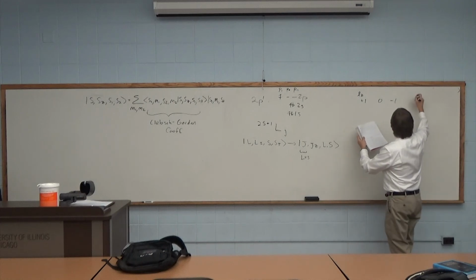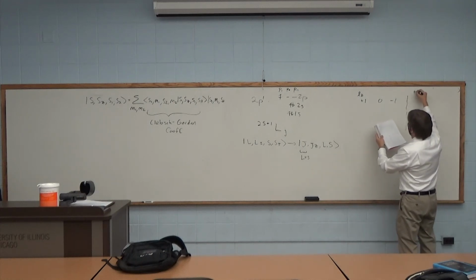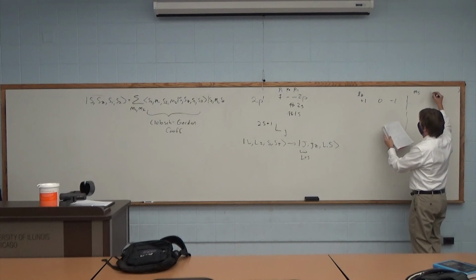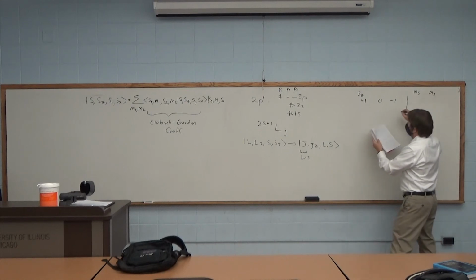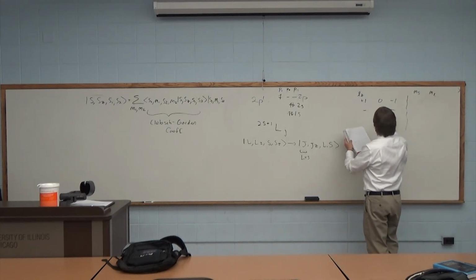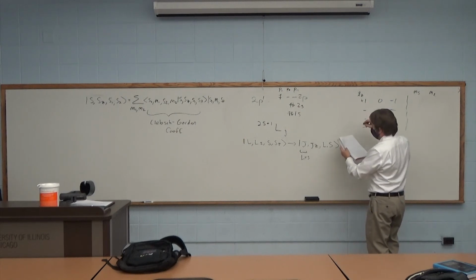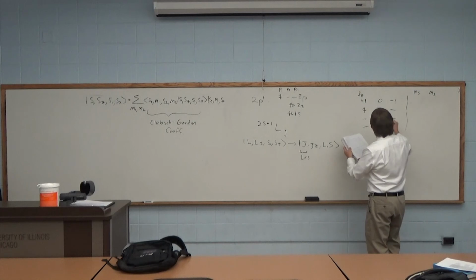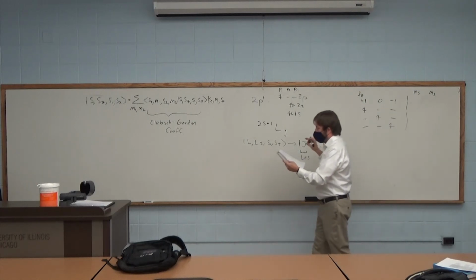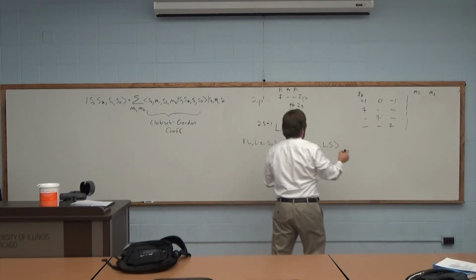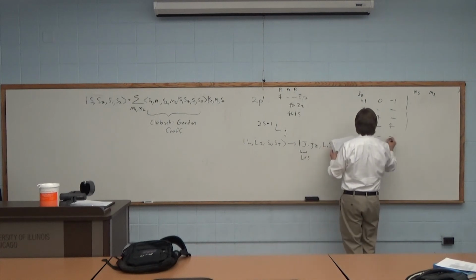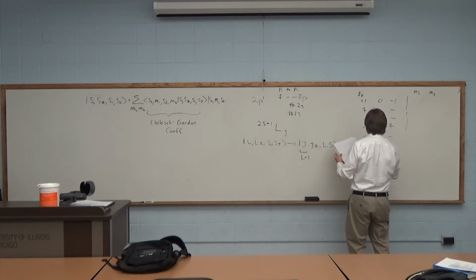What you need to do is consider all possibilities. This is why I gave you that table, which we won't quite get to today. Let me just do spin down.